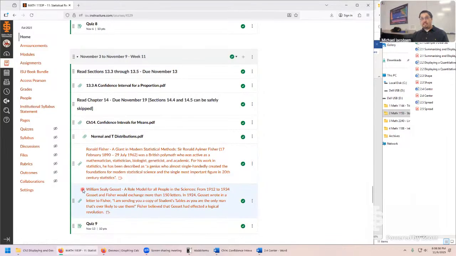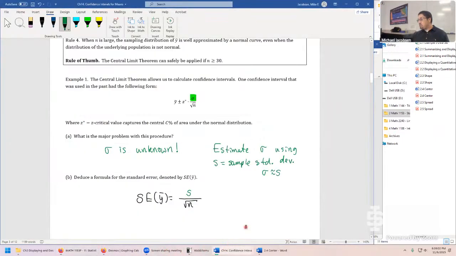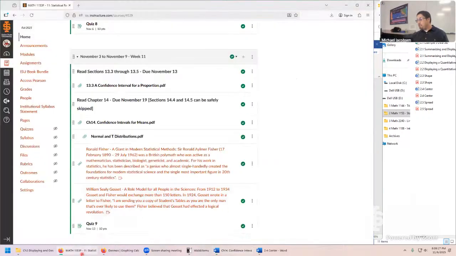But Fisher and he agreed that this is really important information that mankind just deserves to know, that this is not the right value. Z star isn't correct here. There's more error here. So the reason I say William Sealy Gosset is a great role model is he fought his bosses. He kept coming at them, and he got the Guinness Brewing Company to agree to publish this information.